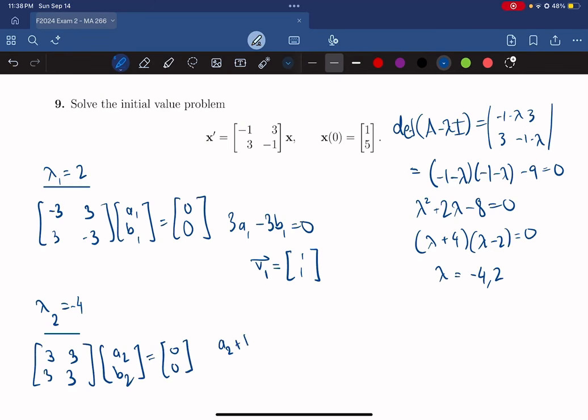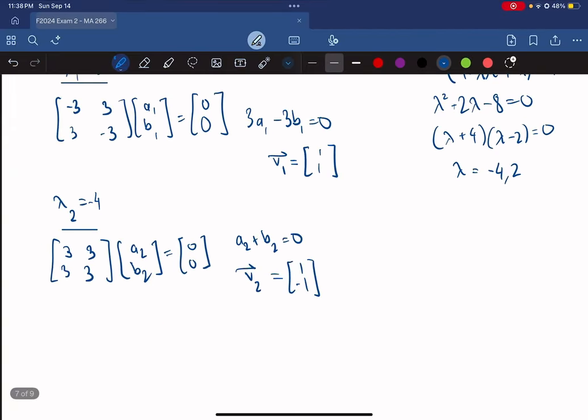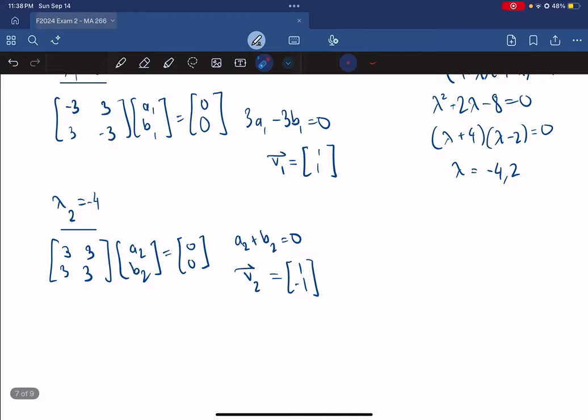And from here we basically get A2 plus B2 equals 0, which means our eigenvector will be 1, negative 1. We're basically just choosing values that make this equation true. And from there you can build your general solution.